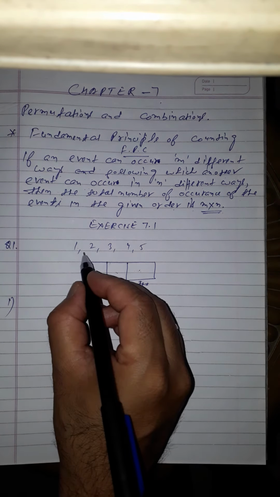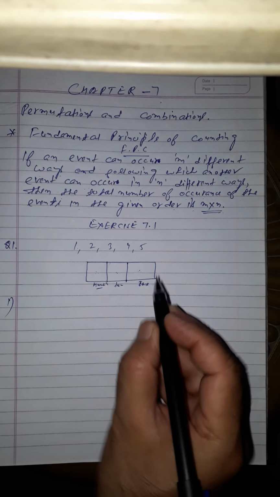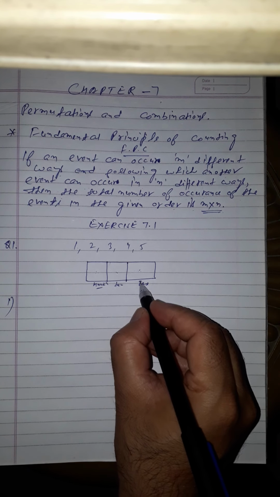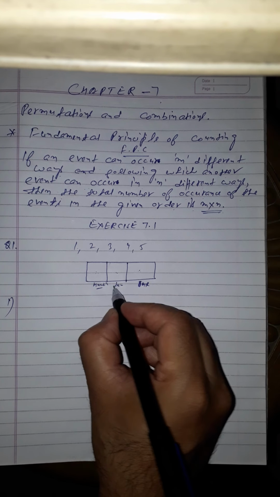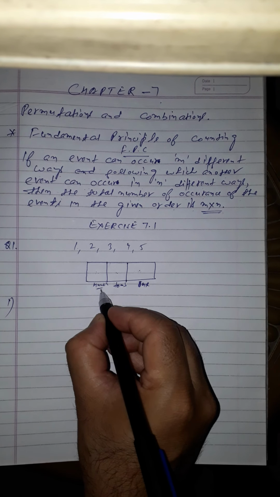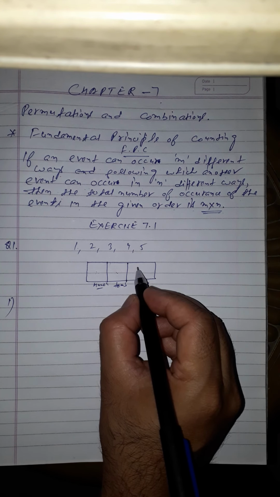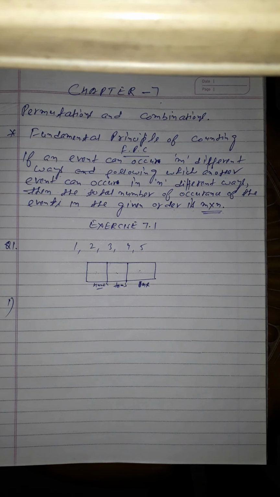Now students, here we have the digits 1, 2, 3, 4, 5. This is the ones place, this is the tens place, and this is the hundreds place. In the first part it is given that the repetition of the digit is allowed.